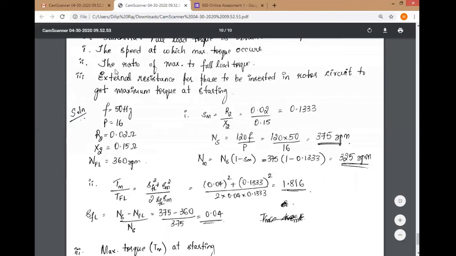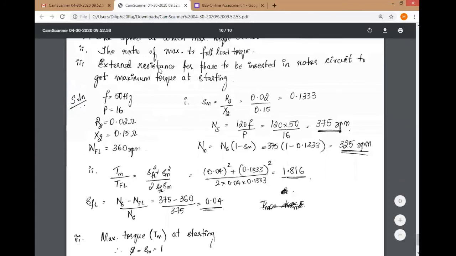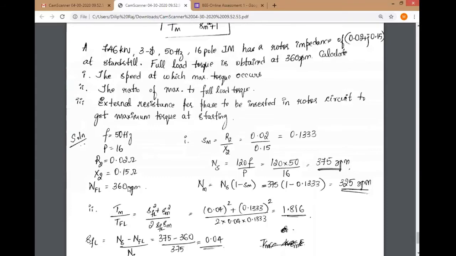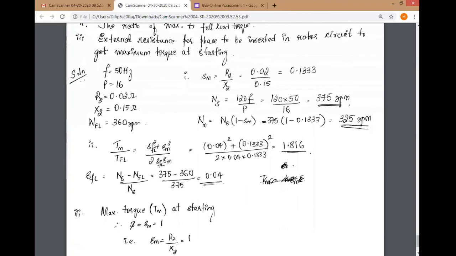The second parameter is to calculate the ratio of maximum torque to full load torque. It can be solved in two ways. One is to remember the equation which gives the ratio of maximum torque to full load torque, which we have just discussed in the previous derivation. If not, you can calculate the maximum torque value separately by taking S as Sm, and the full load torque value separately by taking the full load slip. Taking the equation directly, it is Sfl square plus Sm square by 2 times Sfl into Sm.